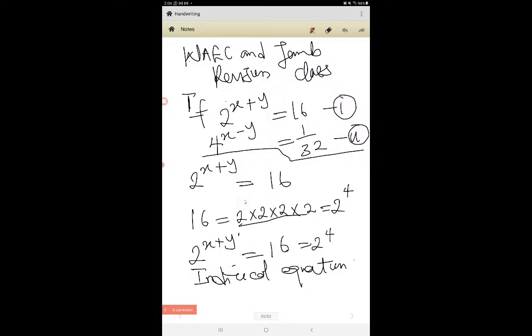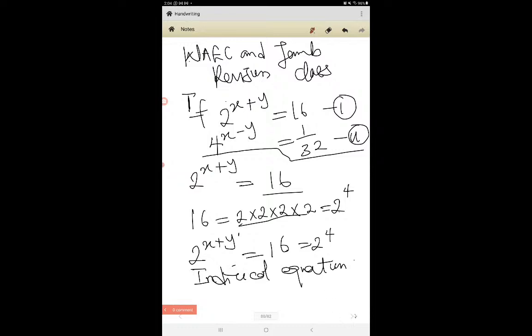So now the 16 has been analyzed to be 2 raised to power 4, and 2 raised to power x plus y, we try to equate together. There is something we call indicial equation, which is 2 raised to power x plus y is equal to 16, and 16 is equal to 2 raised to power 4.